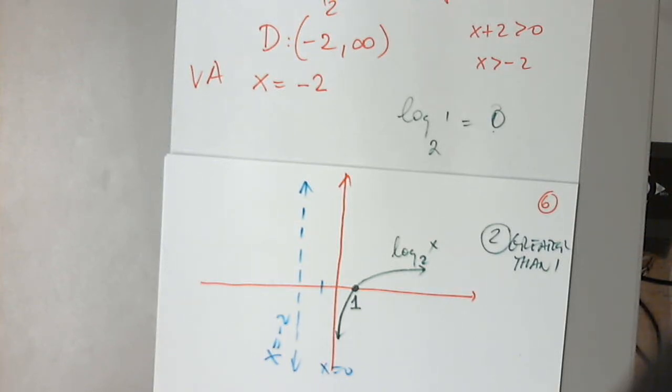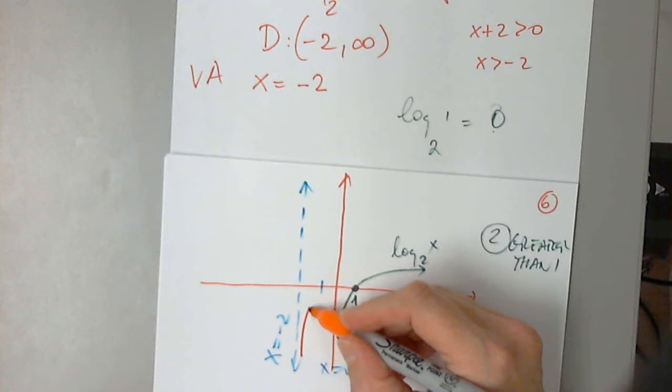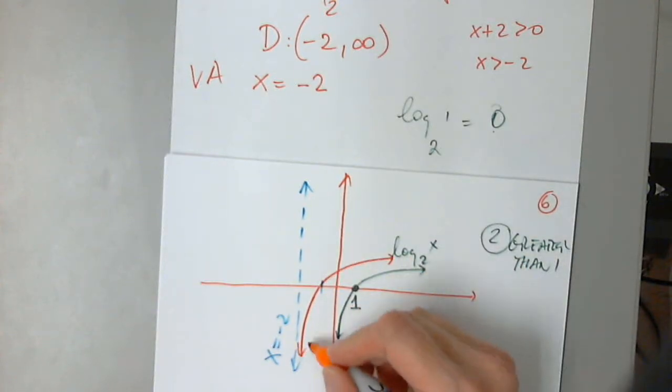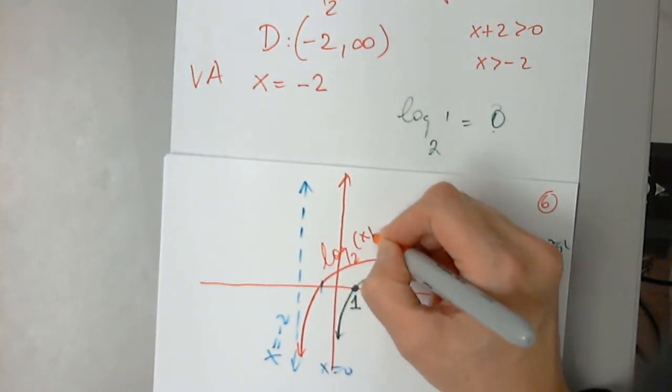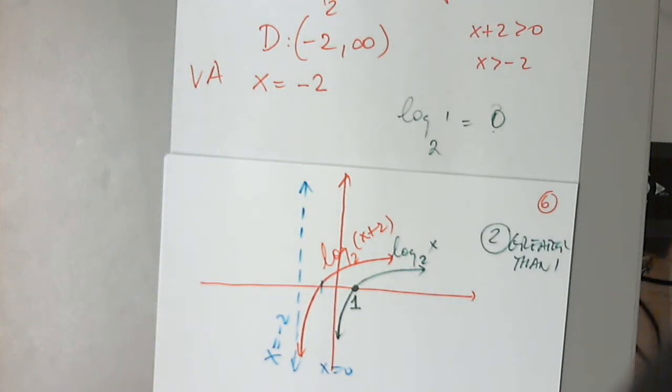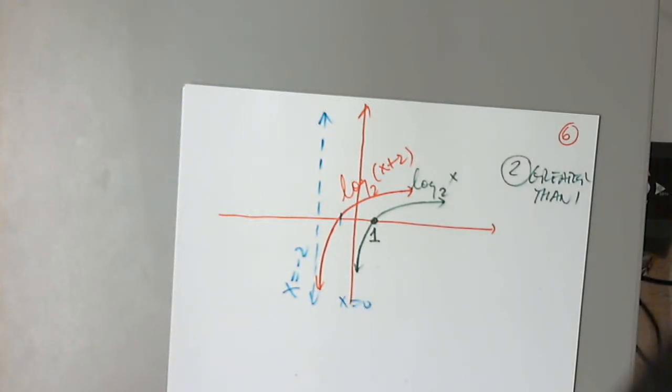So here is the graph of log base 2 of x plus 2. When we shift left and right functions with vertical asymptotes, we have to shift the vertical asymptote first. When we shift up and down functions with horizontal asymptotes, we have to shift the horizontal asymptote first.